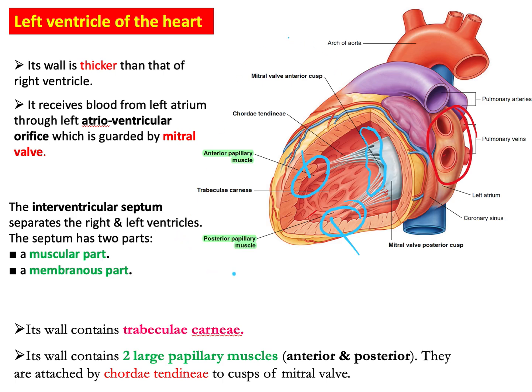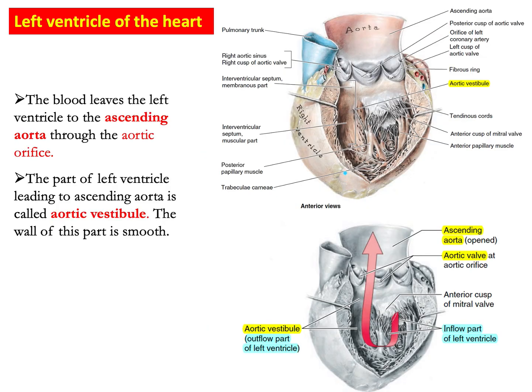And I would say also that these papillary muscles are attached to the chordae tendineae of the mitral valve. So let us remove part of the left ventricle and have a look again at the internal structure of the left ventricle.